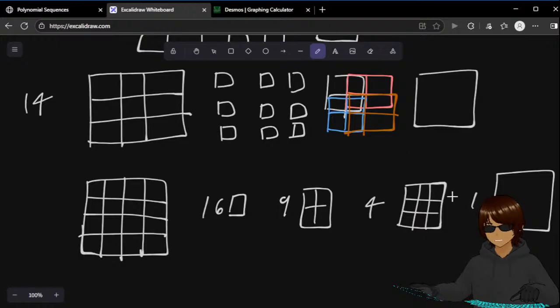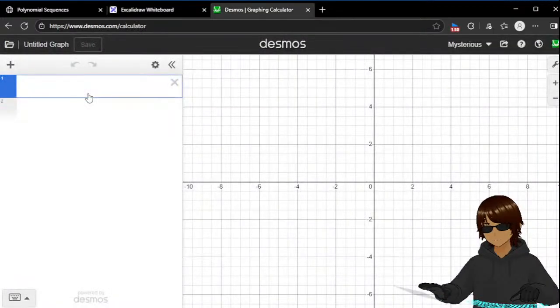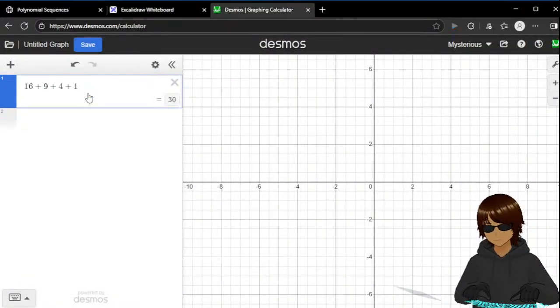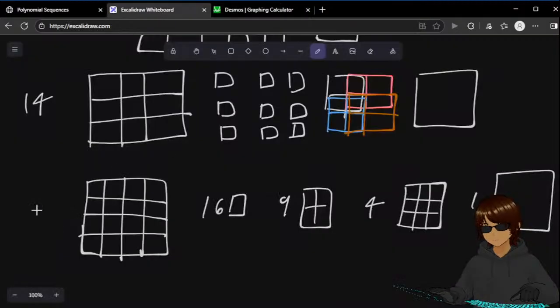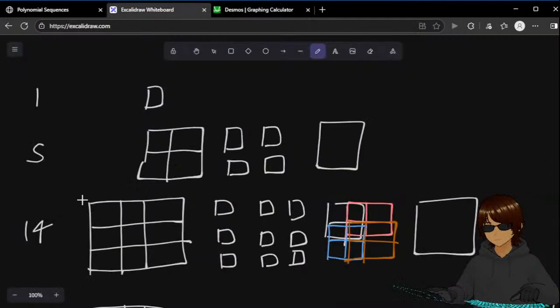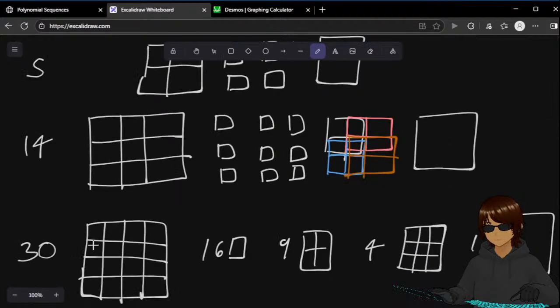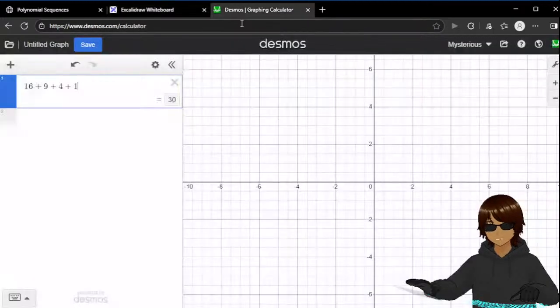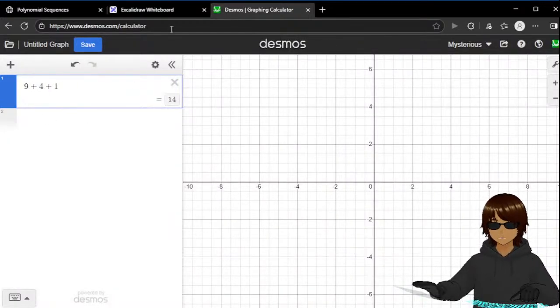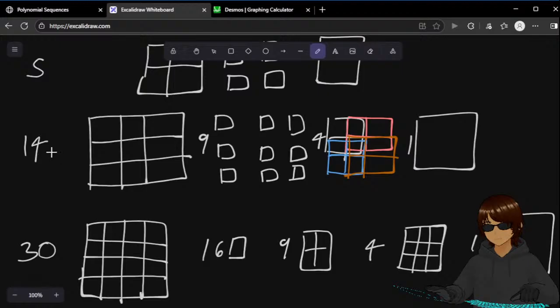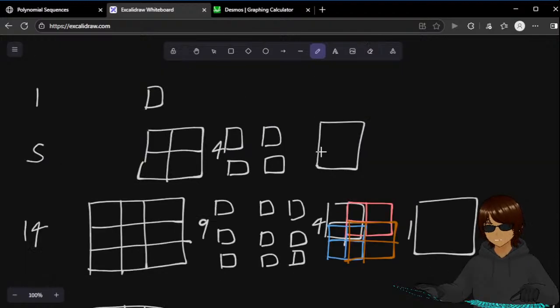So 9, 4, 1. 16 plus 9 plus 4 plus 1 is 30.